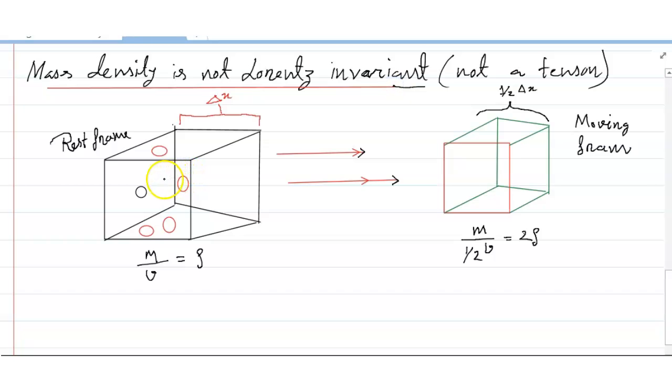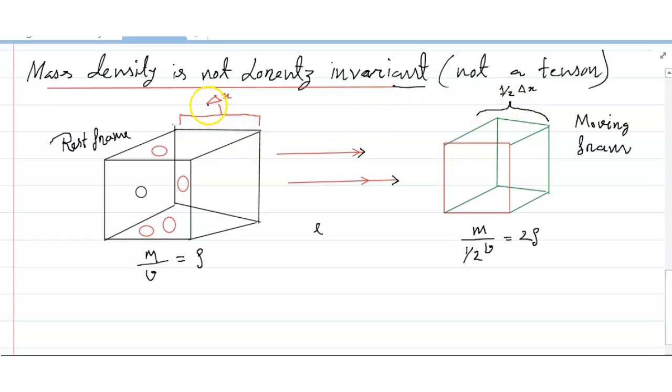If we look at this same setup in a frame where the volume is moving, the volume could be length contracted to be half its size.